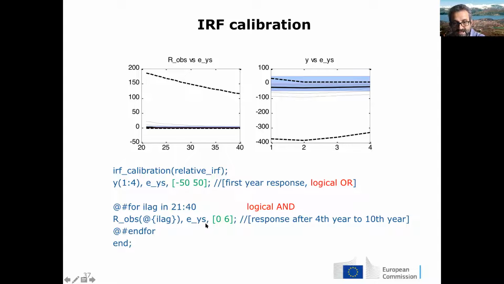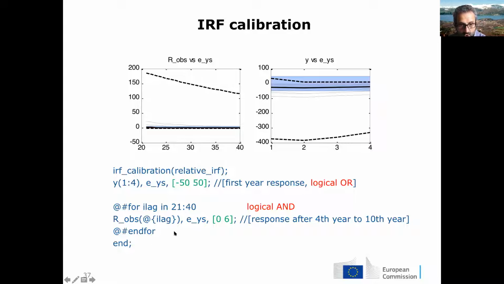You can give restrictions with an array here, or you can give a restriction one by one, one restriction per row. The logic is that within each row, if there is an array, it is a logical OR, which means that I am happy if in at least 1 out of the 4 periods the GDP response is within the prescribed threshold.